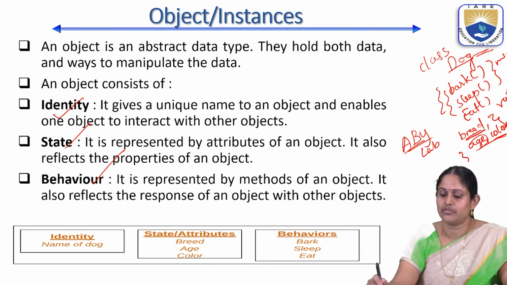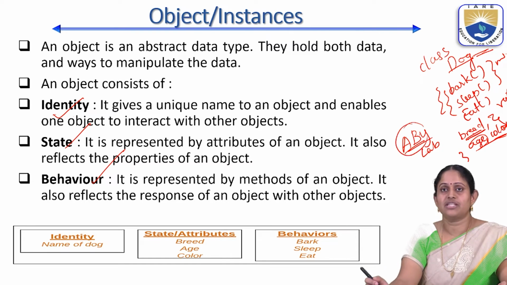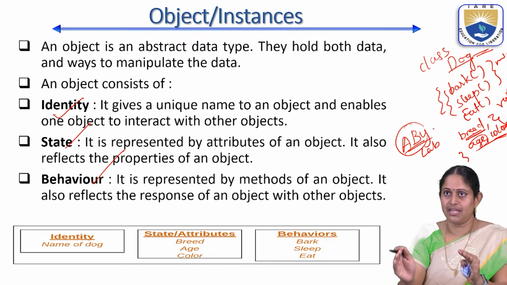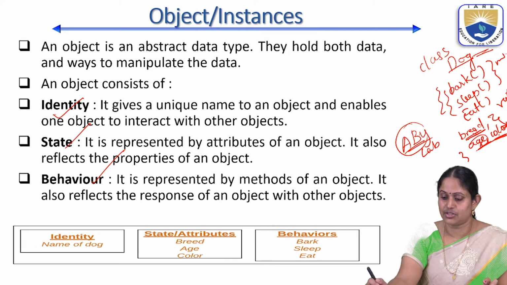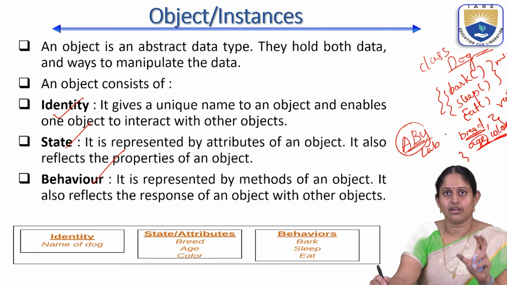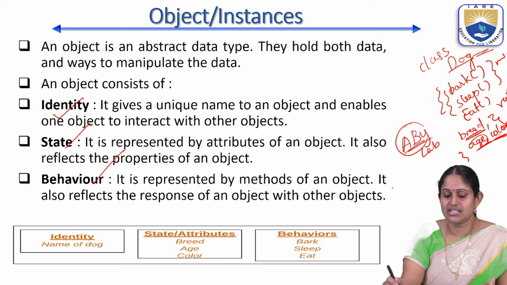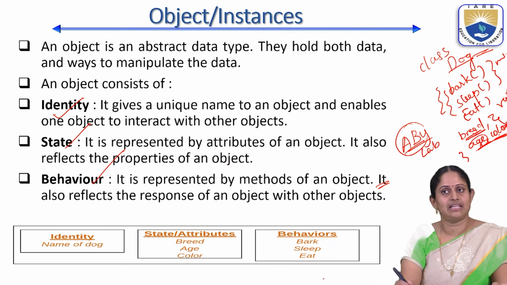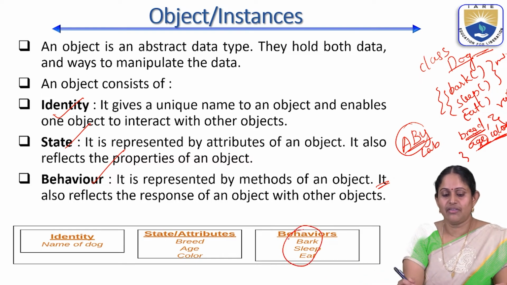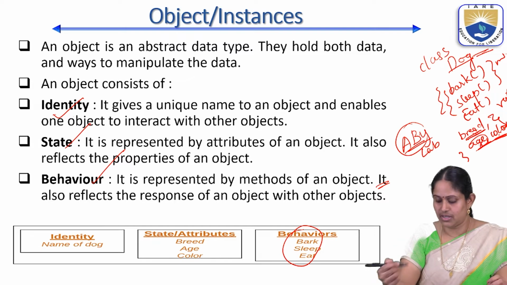So these are the state or attributes of that particular dog. Now, that dog can bark, sleep, and eat. These form the behaviors or methods of that particular dog.